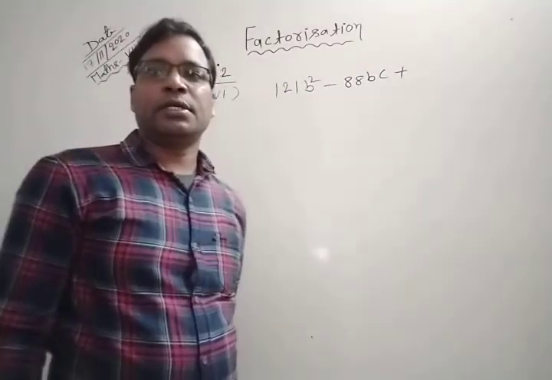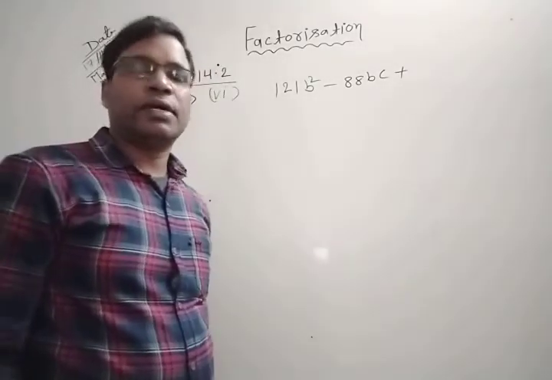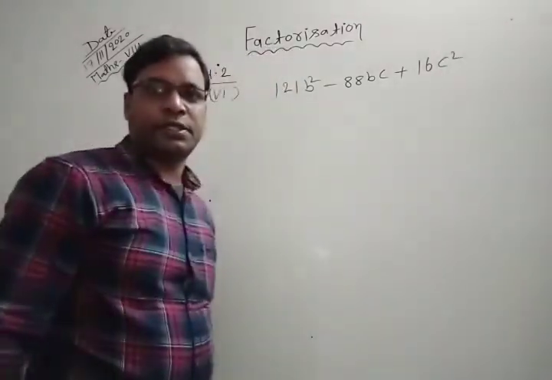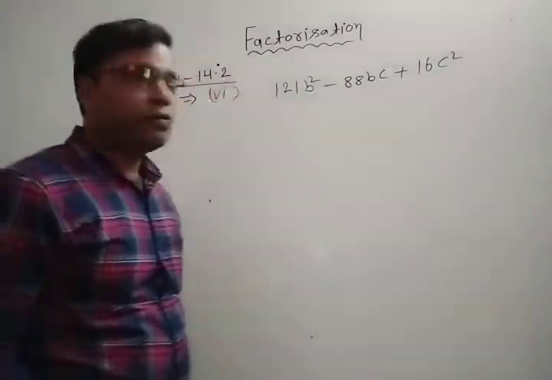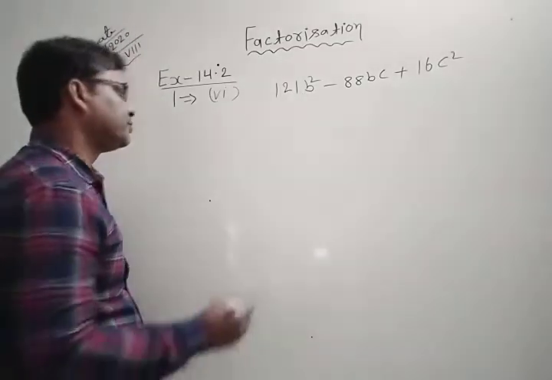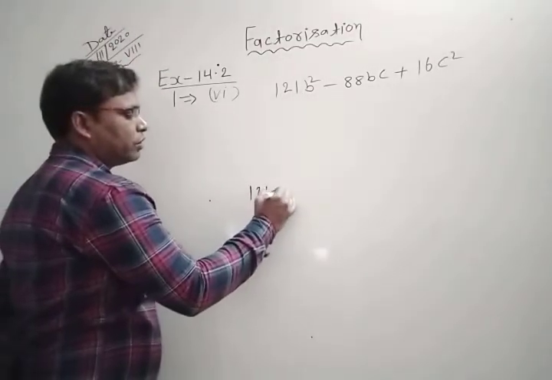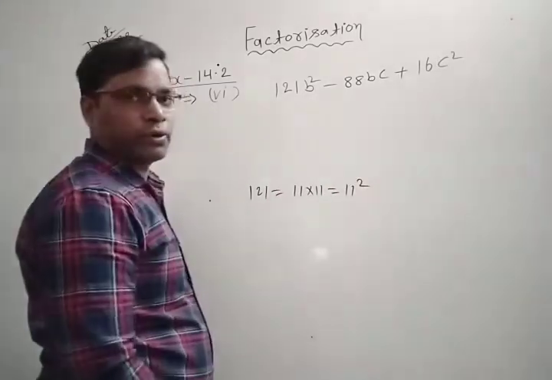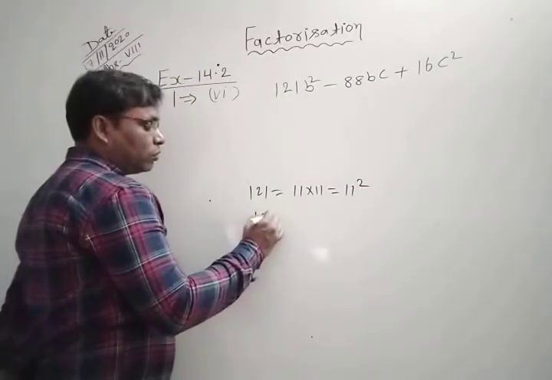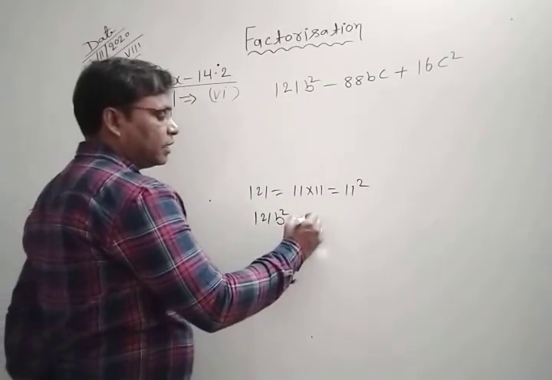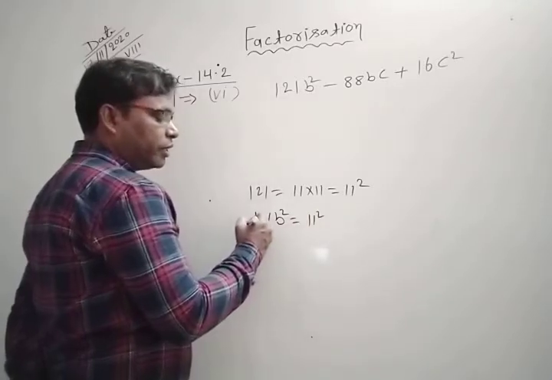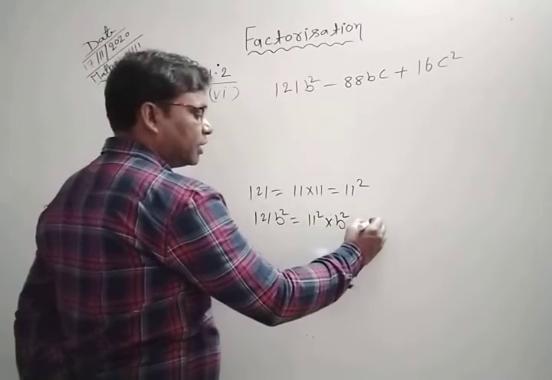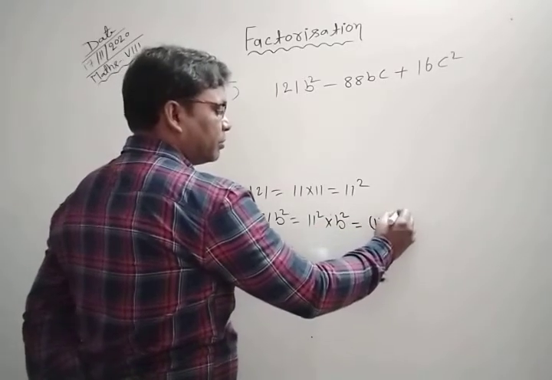So we can write 121 is what? You know very well 121 is equal to 11 into 11, you can write it as square of 11. So 121 b square we can write as 11 square into b square, and also you can write it as (11b) whole square.